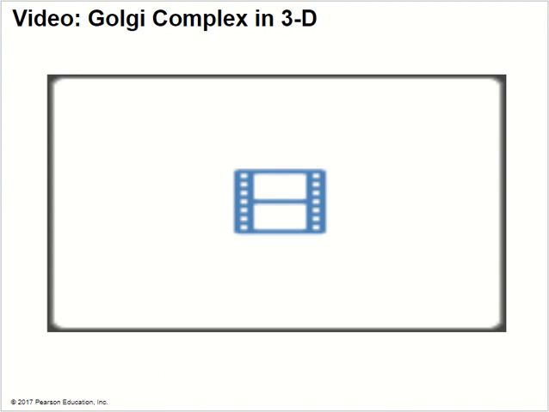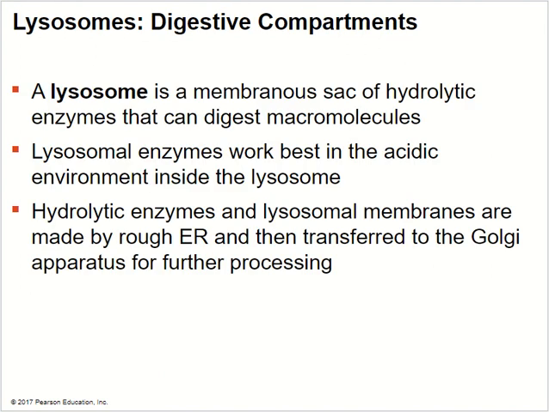Essentially, the endoplasmic reticulum and Golgi apparatus are sort of like a production, manufacture, and processing line working together. A lysosome is a membranous sac of hydrolytic enzymes that digest macromolecules.